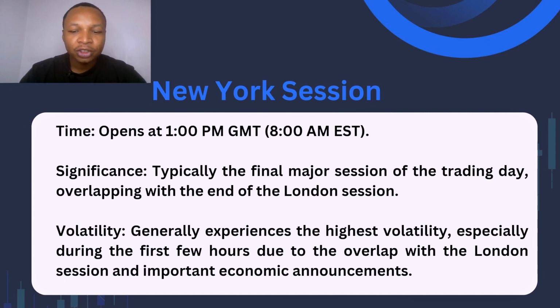Generally, this session experiences the highest volatility of the forex market, especially during the overlap with the London session and during important economic announcements. And because the US dollar is like a benchmark currency, so many people are trading it. So we tend to see high volatility in this market.